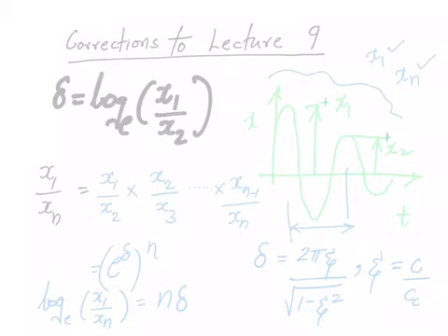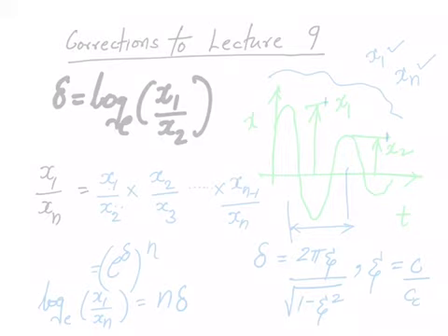Let's say you have x1 and xn, it can be written as x1 divided by x2, and so on. I think the terms in the denominator and the numerator got interchanged in the previous lecture. So that was the error.